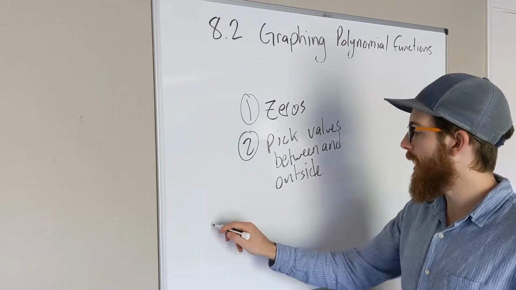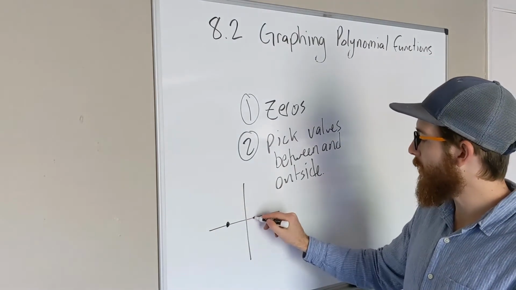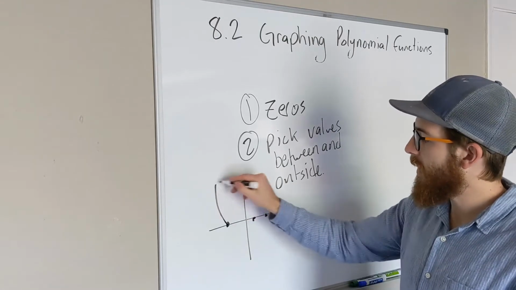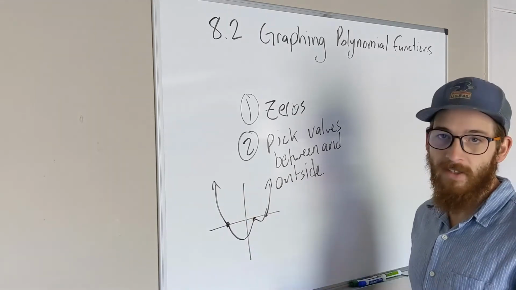Before, if you remember in 8.1, what I was doing is I was saying, well, there's a zero, there's a zero, there's a zero. The end behavior is up, and maybe it does this.